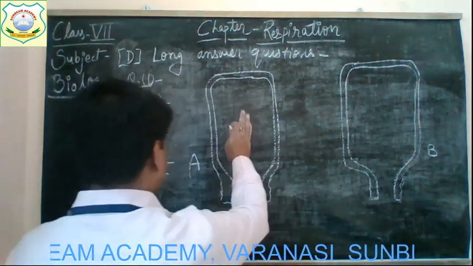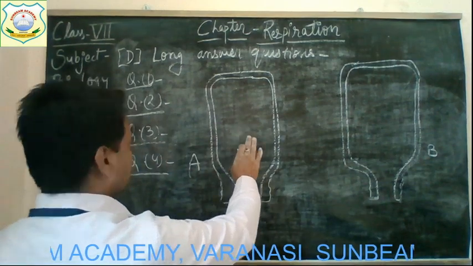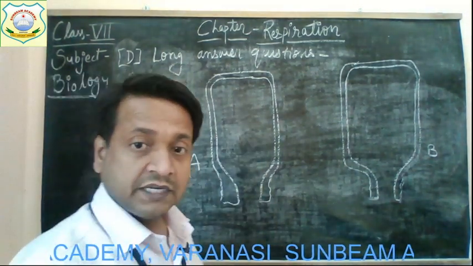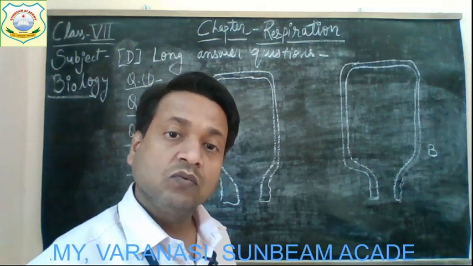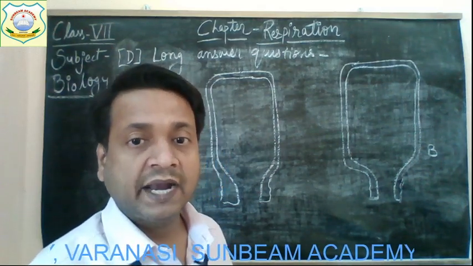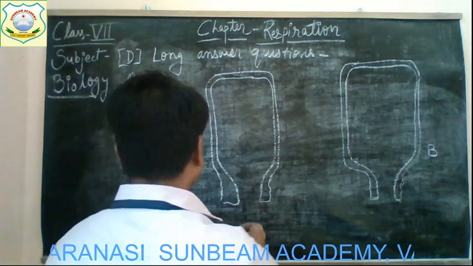In flask A, we will take the seeds which are not boiled, just soaked in water for the whole night, and after that we'll put the seeds inside it.